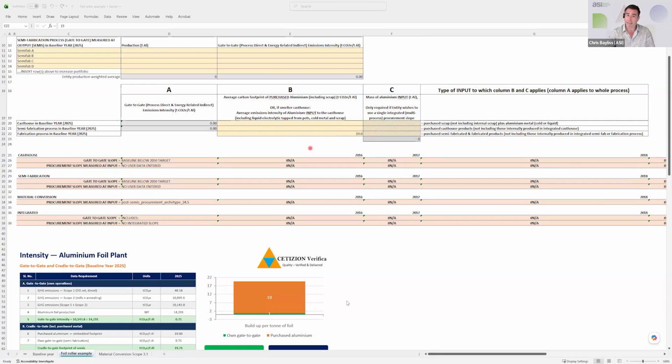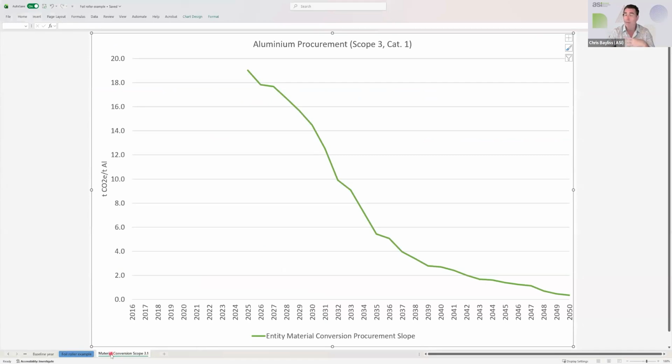So having entered 19 in here, the output that you get from the system is a slope for your procurement only. It looks similar to the primary, but it's not cradle to gate. It's only on your procurement. But you can see it has a significant drop again post 2030.